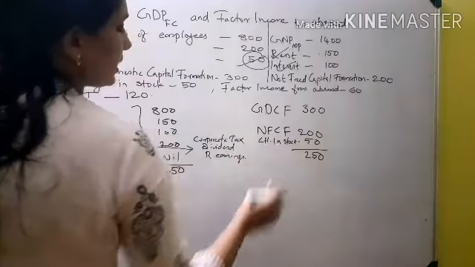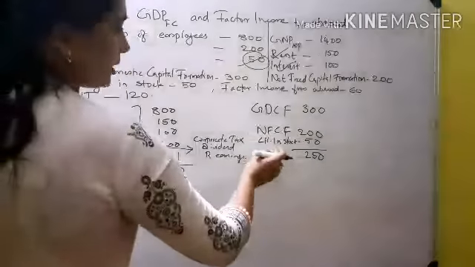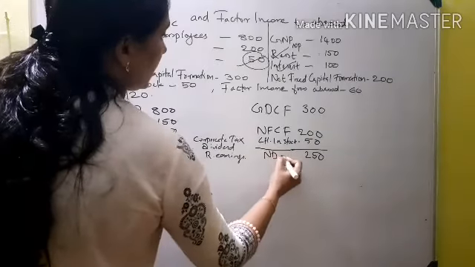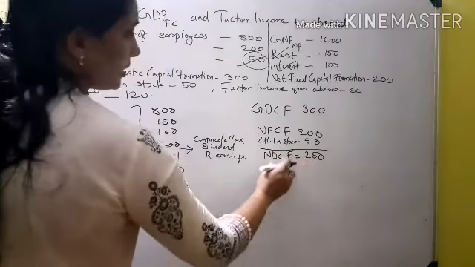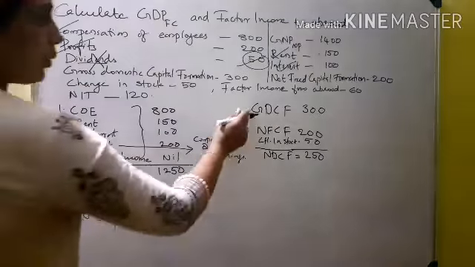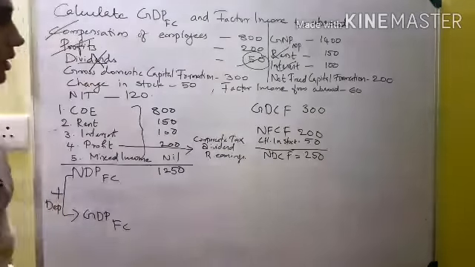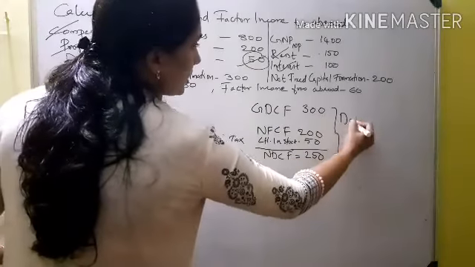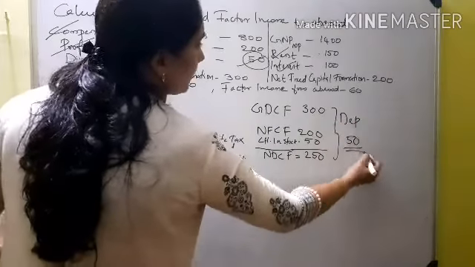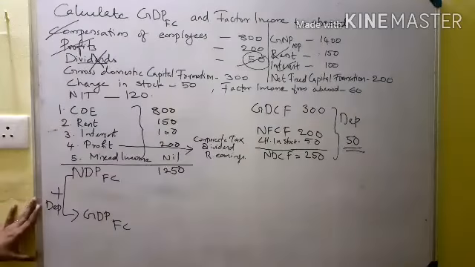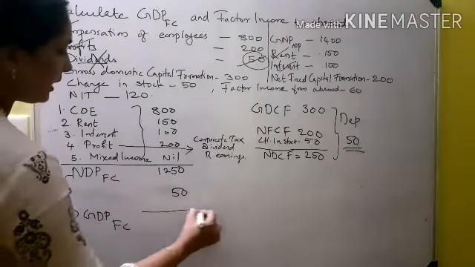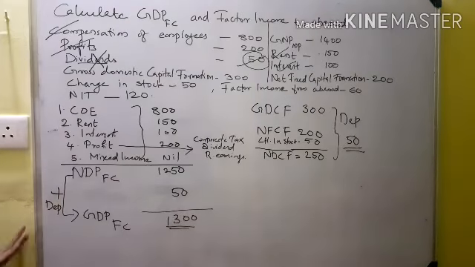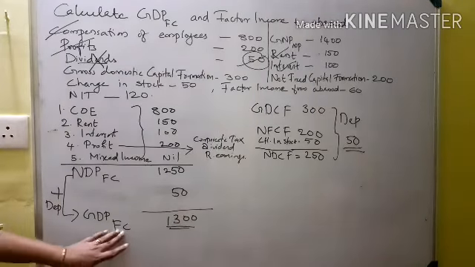Net fixed capital formation plus change in stock is equal to net domestic capital formation. Net domestic capital formation is 250, gross domestic capital formation is 300. The difference between gross and net is depreciation, so depreciation is 50. Adding the depreciation 50 here, you get 1300, that is GDP FC, gross domestic product at factor cost.